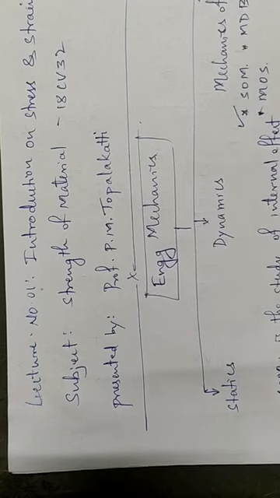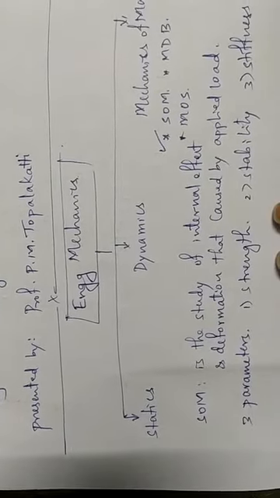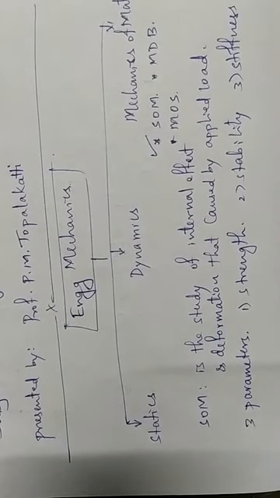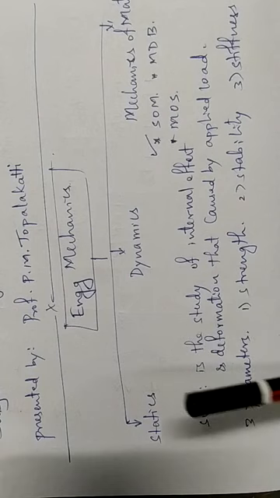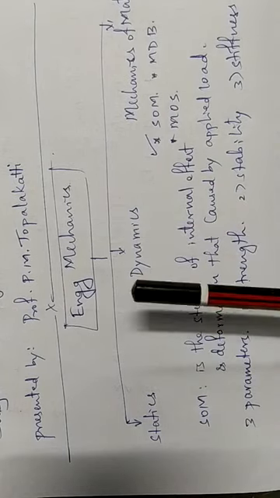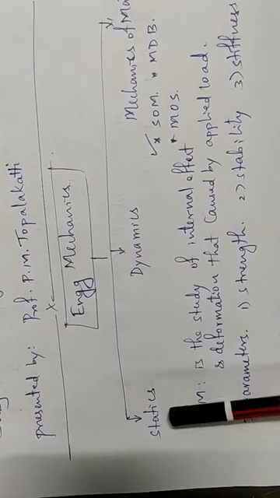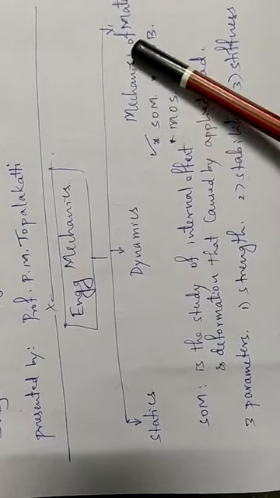If I start the stress and strain, first we should understand the basics of laws of physics and some knowledge of mathematics. The whole of engineering mechanics is divided into three categories: statics, dynamics, and mechanics of the material.